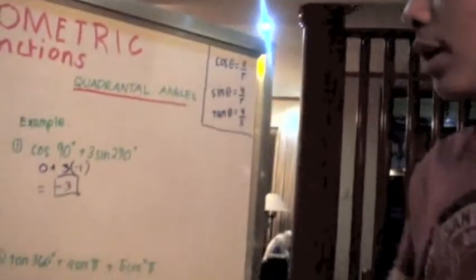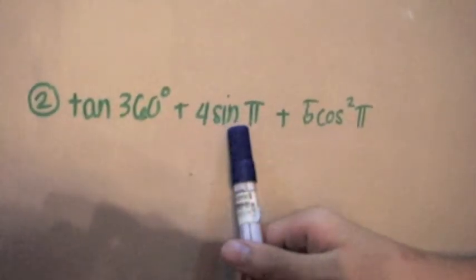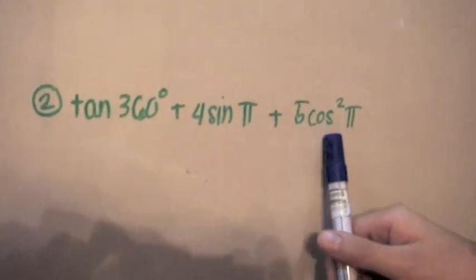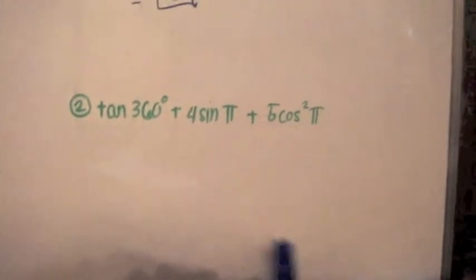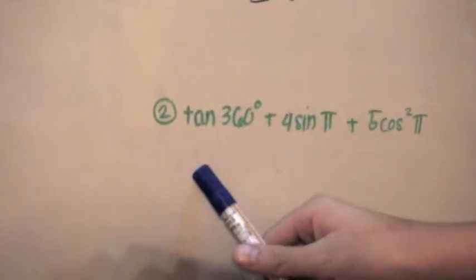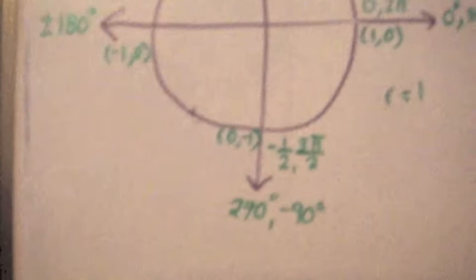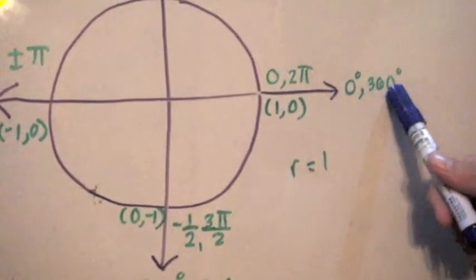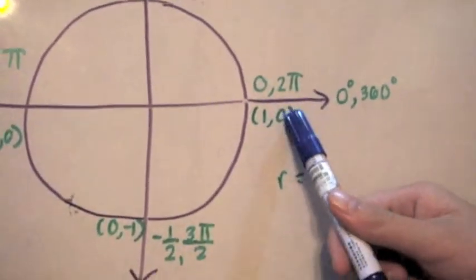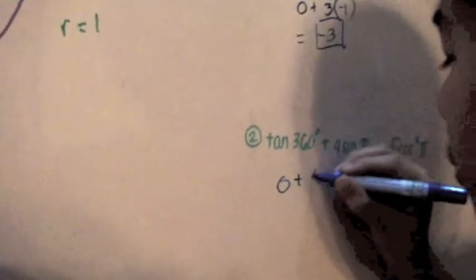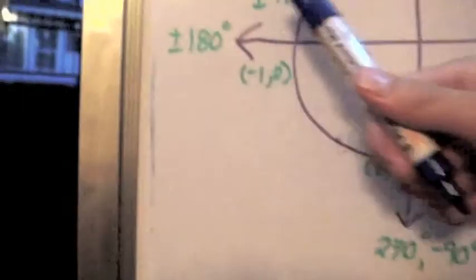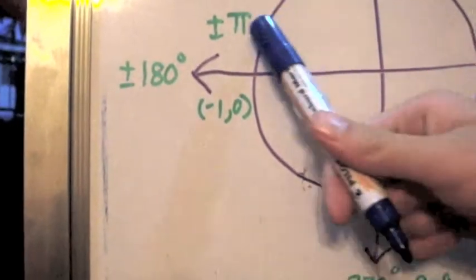Example number 2, we have here tangent 360 degrees plus 4 sine pi plus 5 cosine squared pi. So tangent is y over x. So let's look for 360 degrees. We have here y over x. So that will give us 0 plus 4 parentheses pi. So pi, sine is y over r.